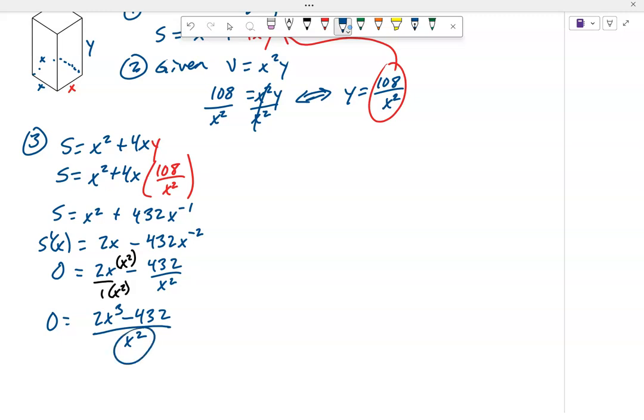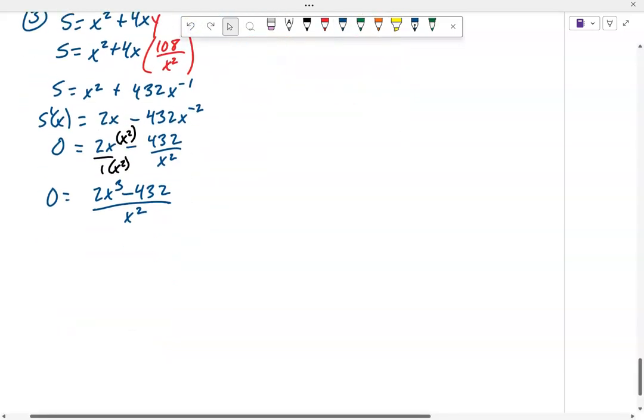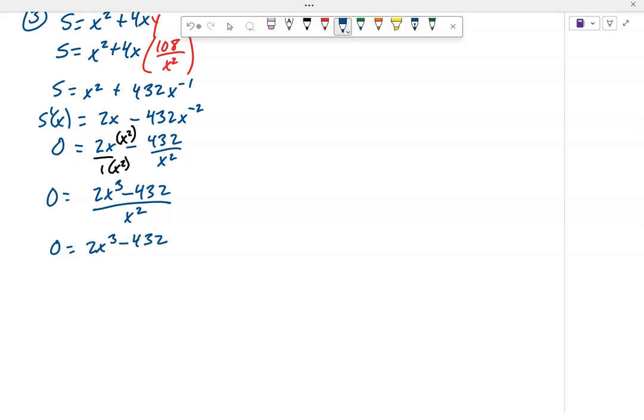Now, if x was 0, it would make this derivative undefined, but that's not an option, right? We have to have a length there on the bottom. So x being 0 is not an option to minimize this. So we're just left with that numerator. If that numerator is 0, then let me add 432. 2x cubed equals 432.